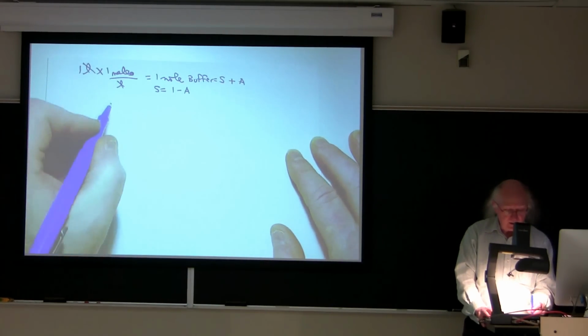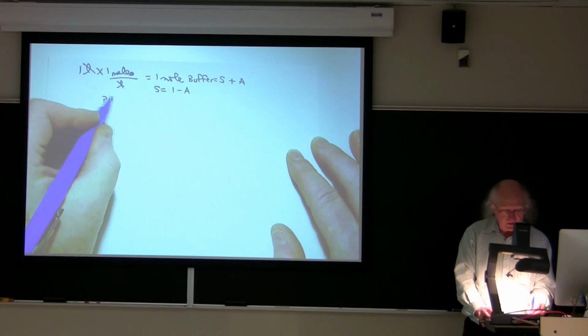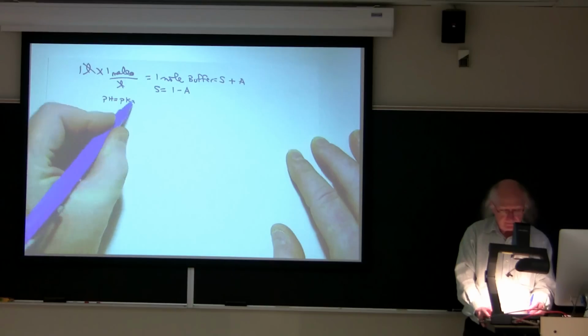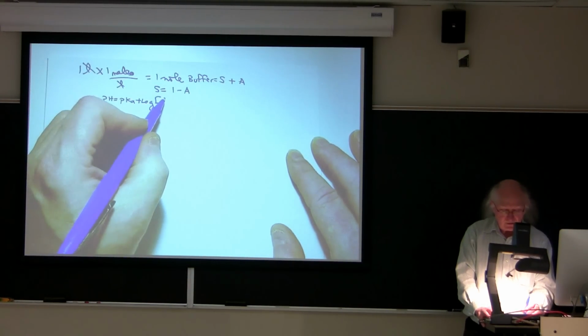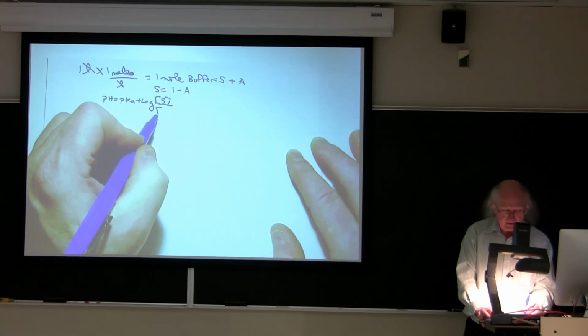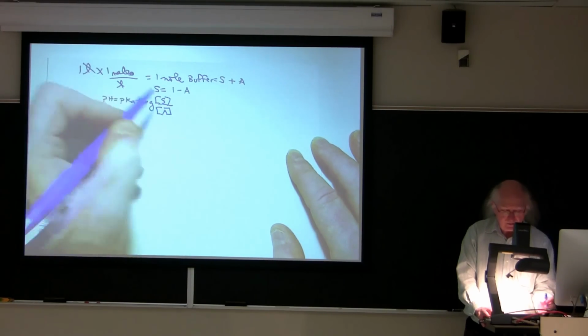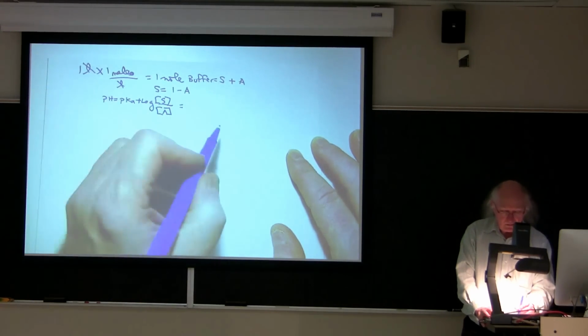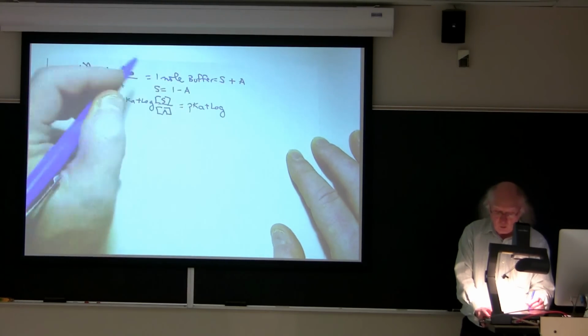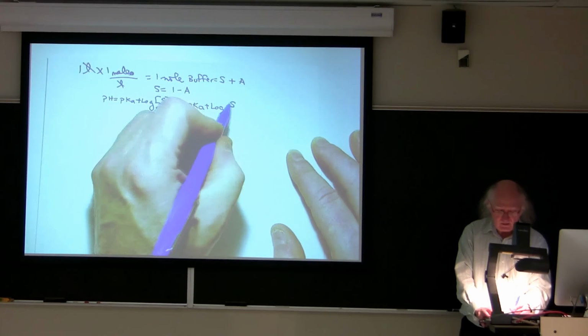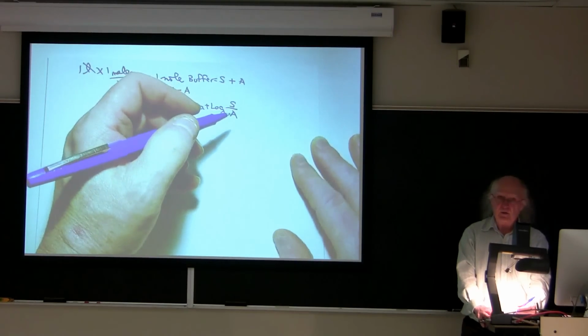And I can go into the Henderson-Hasselbalch equation, pH equals pKa plus the log of the concentration of salt over acid. And that's also, in this case, equal to pKa plus the log of the number of moles of salt over acid.